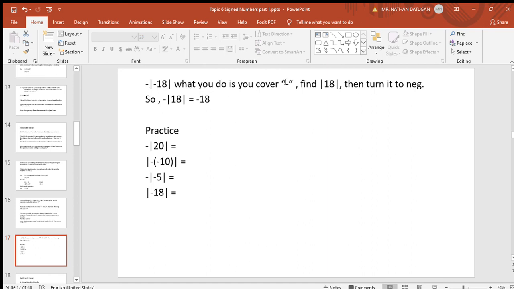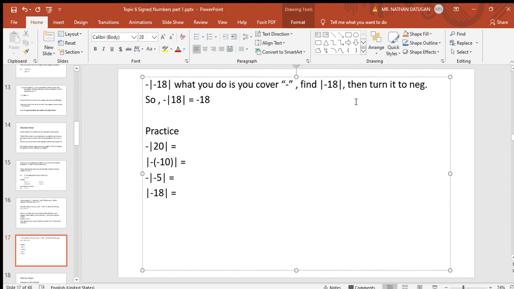Then you cover the negative, and you find the absolute value of negative 18, and then you turn that into a negative. So negative of the absolute value of negative 18 is negative 18. Let's have some practice.